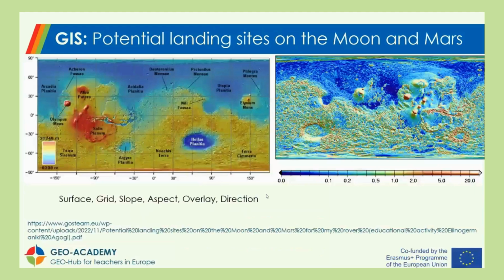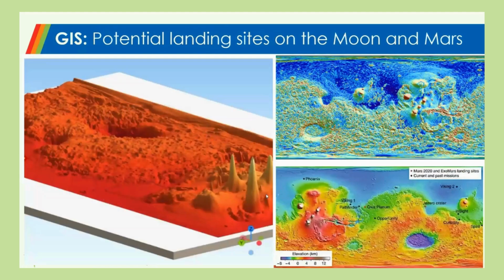And of course, we have GIS. These are some learning scenarios, some lesson plans we had created during the GEOSTING project, and we have uploaded on the GeoObserve platform on how to identify potential landing sites on the Moon and Mars. So we are showing to teachers how to download geospatial data either for the Moon or Mars.